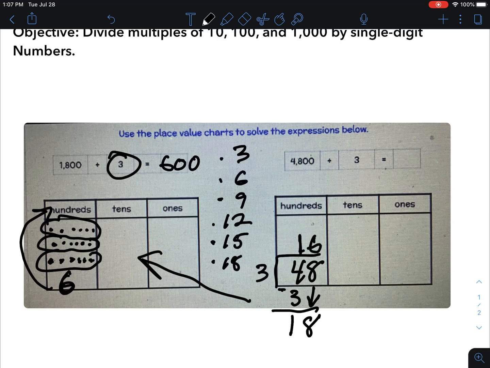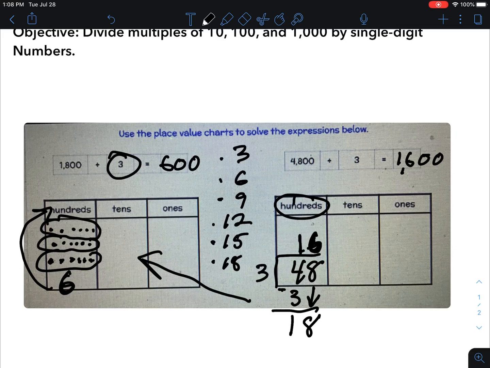Right, there's 1, 2, 3, 4, 5, 6. So there you go. So 16, but remember, it's not just 16. It's 16 what? That's right, 16 hundreds. So if you know how to write 1600, great. If not, you can write 16 and then think hundreds. Hundreds have how many zeros? 100 has how many zeros? 2. And there's your answer.